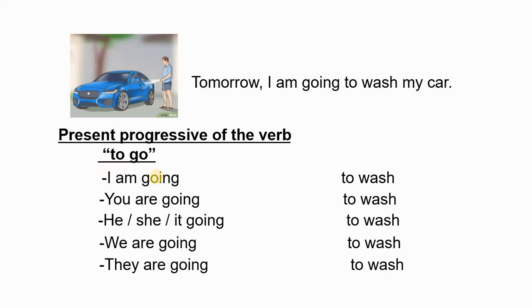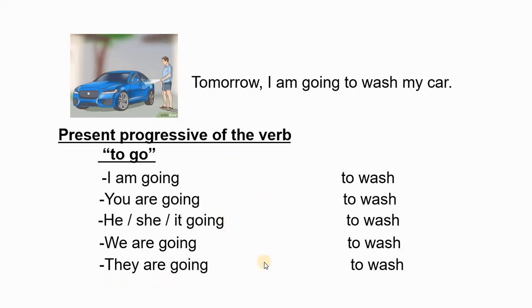If you do not know what the present progressive is, then I advise you to look at my other lesson explaining it. So I am going, you are going, he, she, it is going, we are going, and they are going.